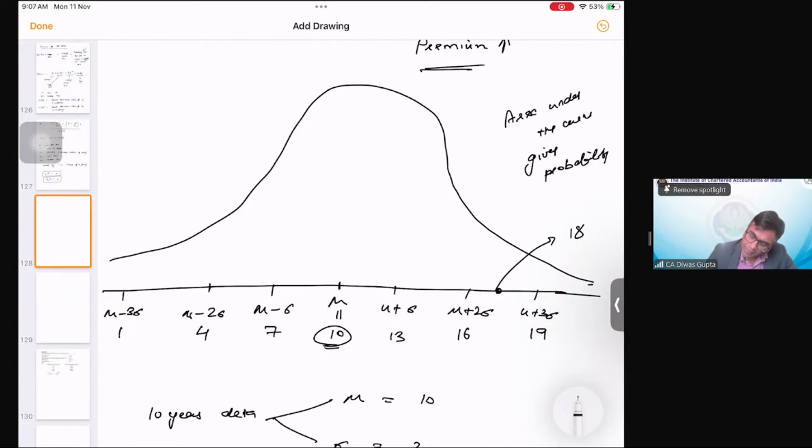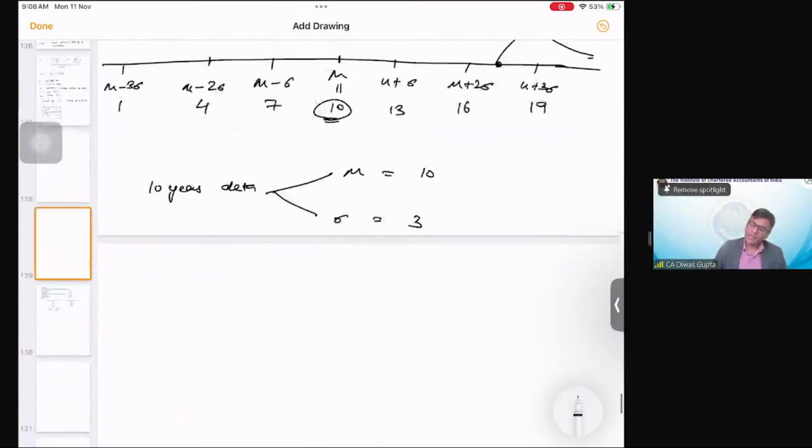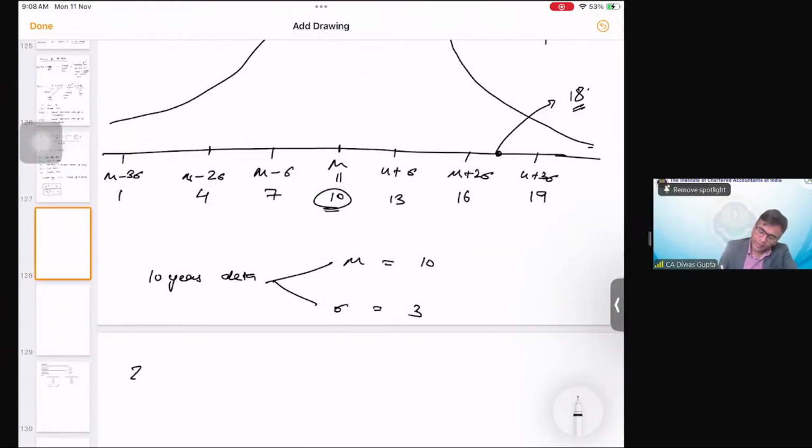If tomorrow the price becomes 18, what is the probability of achieving the price as 18? Okay, so for that we have to calculate the Z score, in which we will do 18 minus mean divided by standard deviation. So the standard formula is A minus mean divided by standard deviation.